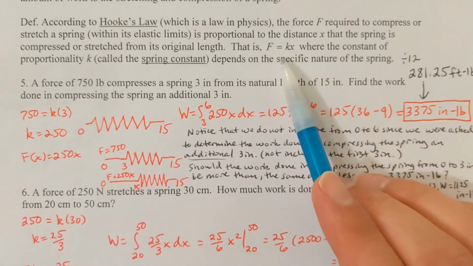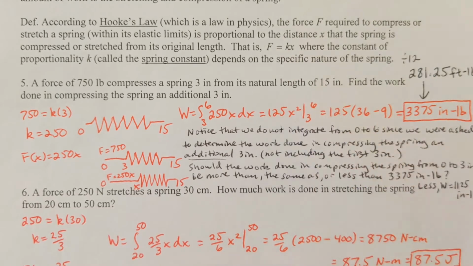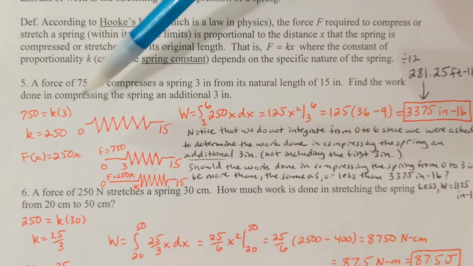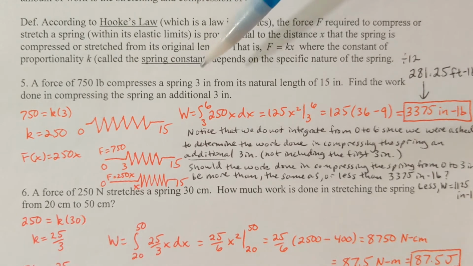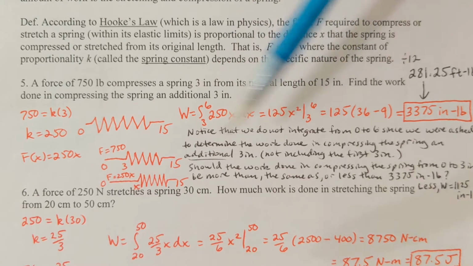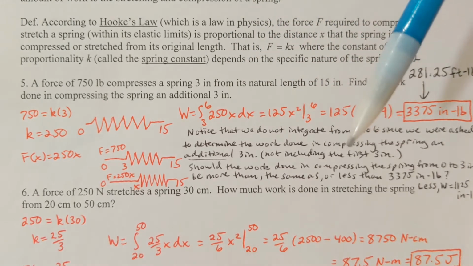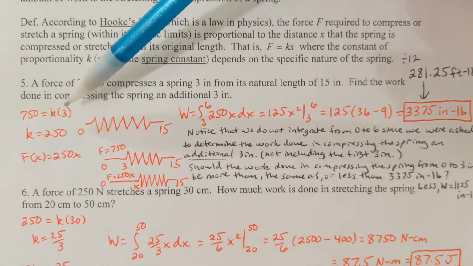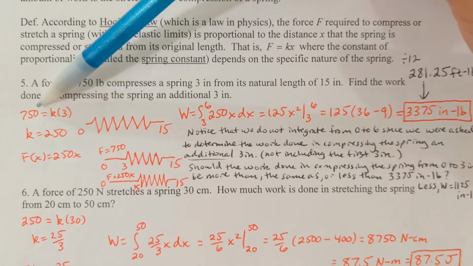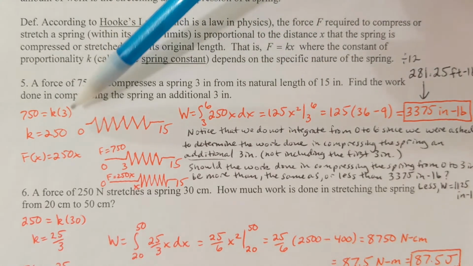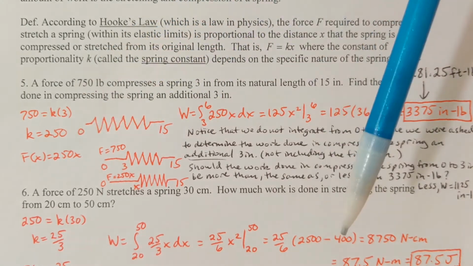Like I said, I've got to find this k value here. Now we're told that a force of 750 pounds compresses a spring 3 inches from its natural length. x is the length that you're compressing the spring in this case. So if I let x be 3, f be 750, divided by 3, k would be 250.